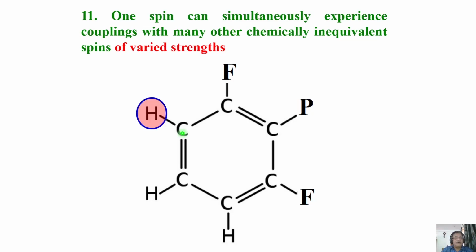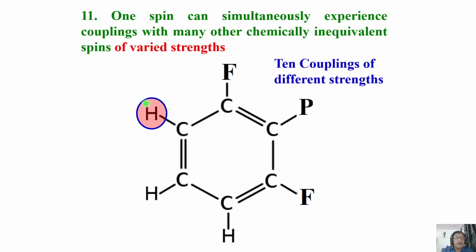Take for example this proton. It can have a coupling with this carbon. It can also have coupling with this carbon, 2-bond coupling. This can have a 3-bond coupling with fluorine, 4-bond coupling with this carbon, 4-bond coupling with this proton, phosphorus, 4-bond coupling with this carbon, 5-bond coupling with this fluorine, 3-bond coupling with this proton, and 4-bond coupling with this carbon, and 4-bond coupling with this proton.